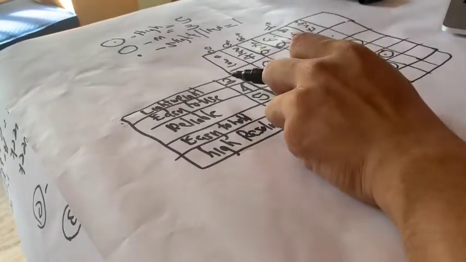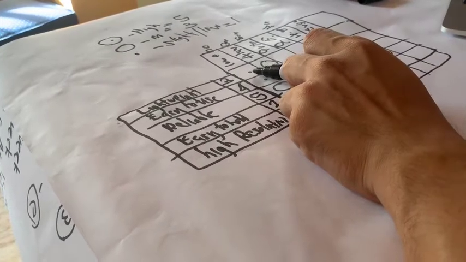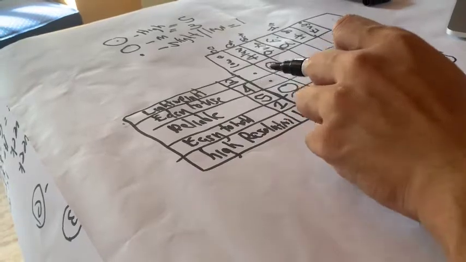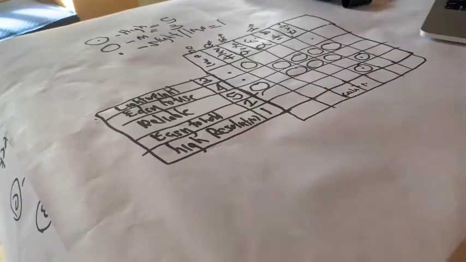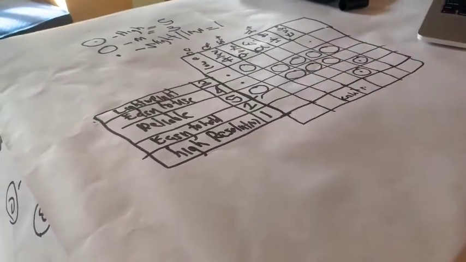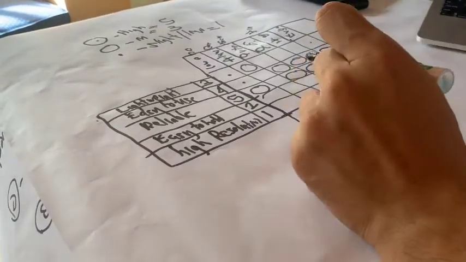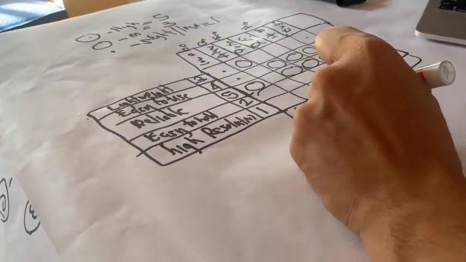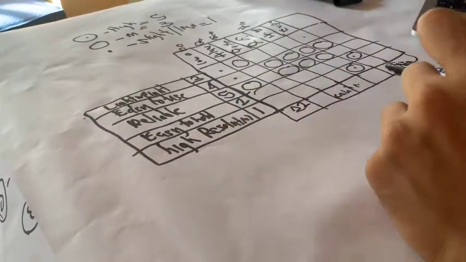So, 3 multiplied by 1 is 3. 4 multiplied by 1 is 4. 5 multiplied by 3 is 15. Okay? So, a total of 22. Kasi 15 plus 4 plus 3.